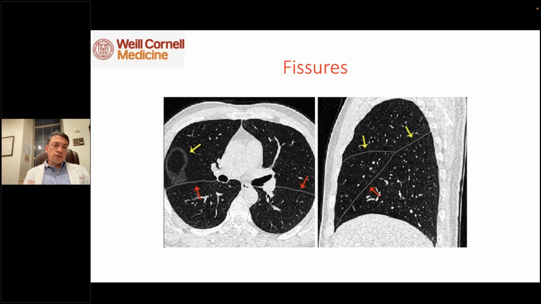What is interesting is, I've learned a lot from my thoracic surgical colleagues. And one of the things that I've learned is that the right upper lobe fissure is almost never complete. And I think that many thoracic surgeons will agree. When they go in to do lobectomies, they almost always have to divide the fissure because it's incomplete.